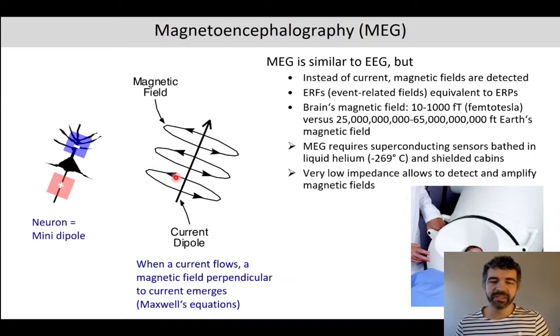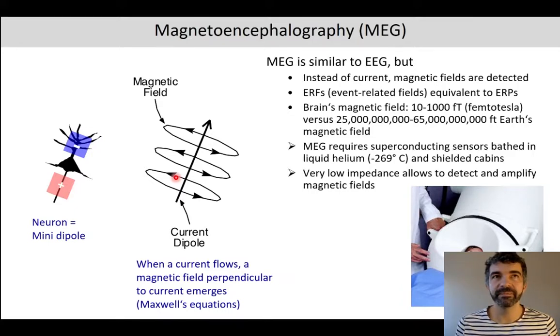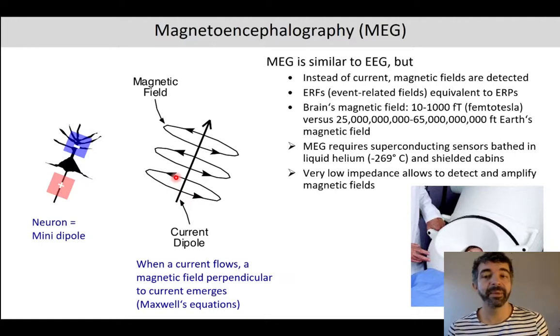And this already hints at a problem, because we're looking at such tiny deviations in the magnetic field that MEG requires some very demanding technical requirements. For example, you need to have superconducting sensors that are capable of detecting these magnetic fields, and you get superconducting sensors by bathing them in liquid helium, so very cold.